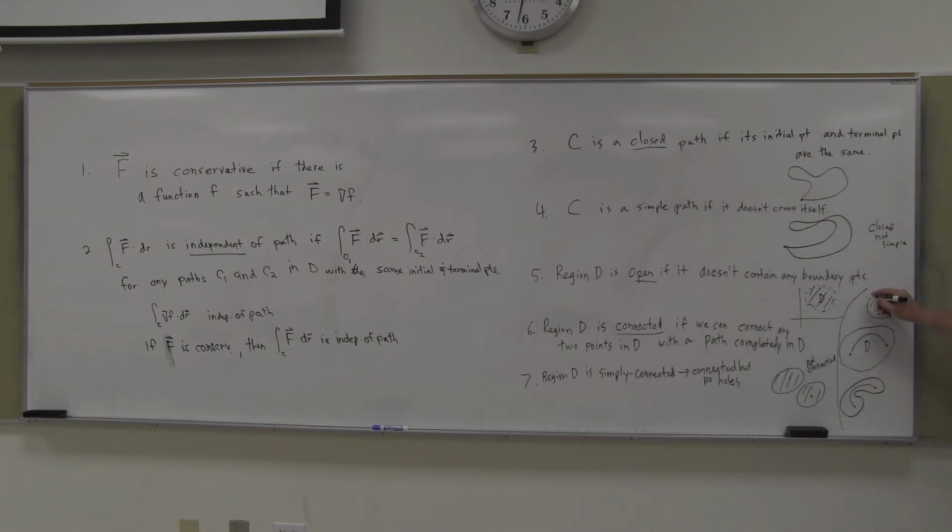So if I numbered them here, 1, 2, 3, regions D: 1 is not simply connected, but it's connected. 2 and 3 are connected, and they are simply connected. Does that make sense? Okay.